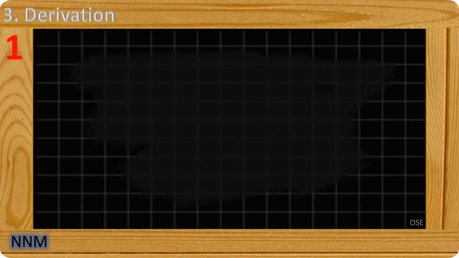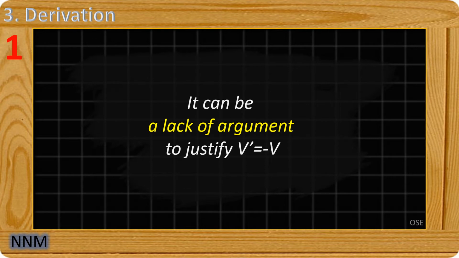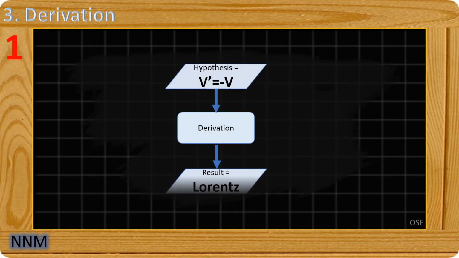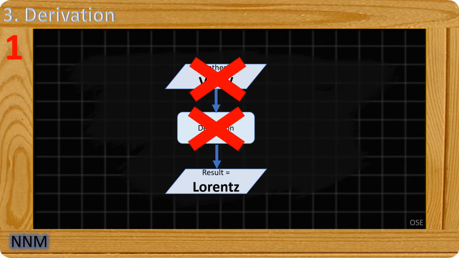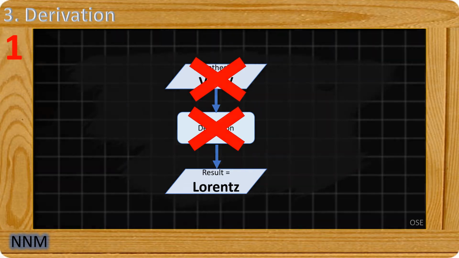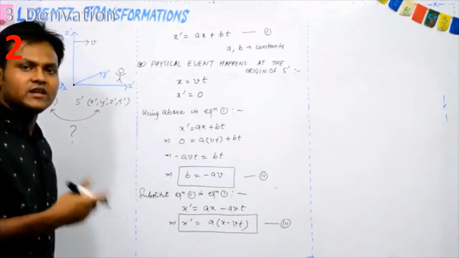It can be a lack of argument to justify that v prime equals minus v. In this case, if you postulate that v prime equals minus v, it would be easier to directly postulate the Lorentz transformations. Now you can also obtain the reverse transformation.